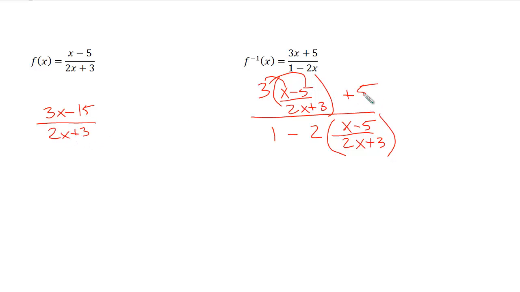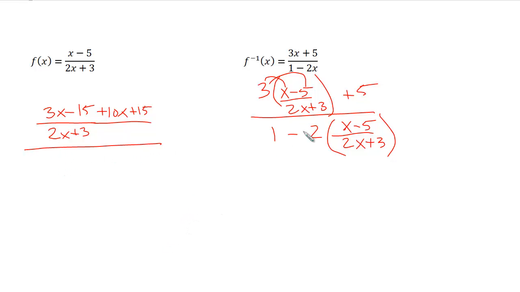Let's go ahead and involve this at this step here. So in order to add 5 to this, I need a common denominator. And the easiest way to do that is to just multiply this by that denominator. So I'm going to do that, and I'm going to combine this with 10x plus 15, all over 2x plus 3. All I did was ultimately scale that up by this denominator.